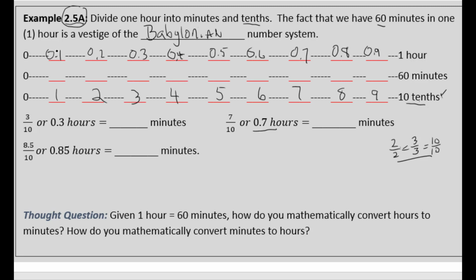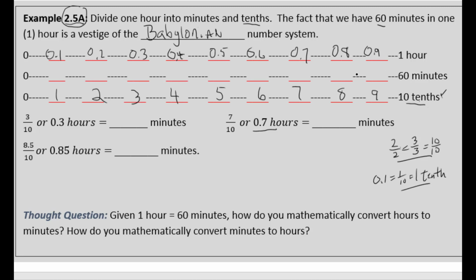So that's the relationship between the decimal system, right? 0.1 is the same thing as 1/10, which we are now writing as 1/10.